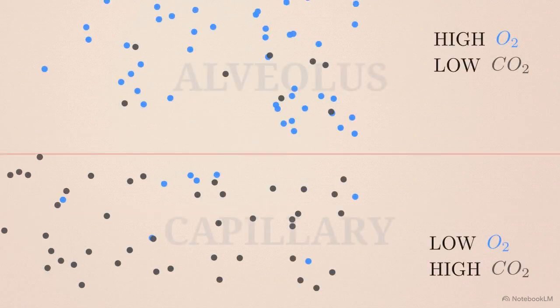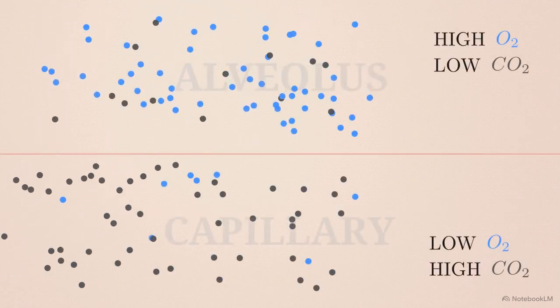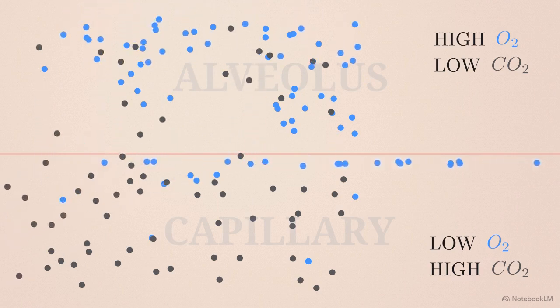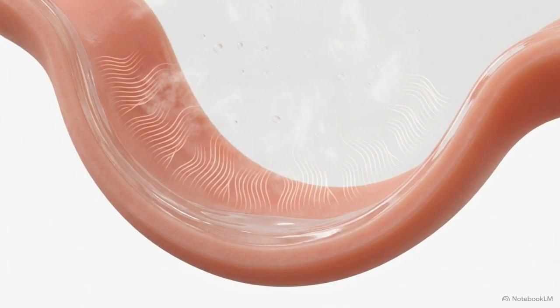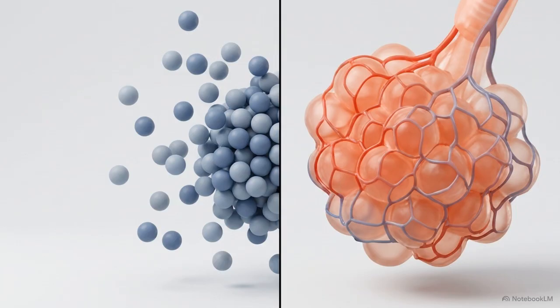Third, a continuous blood supply constantly brings fresh deoxygenated blood in and carries oxygenated blood away. Paired with ventilation cycling fresh air into the lungs, the body maintains steep, unbroken concentration gradients on both sides of the membrane. As for the added moisture, ambient body heat causes the water lining the warm alveolar surface to evaporate into the exiting air. The chemical shift in our breath is the result of passive diffusion occurring across highly specialized biological architecture.